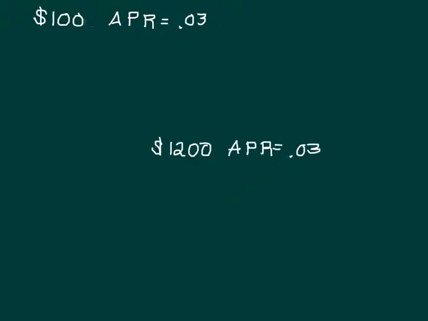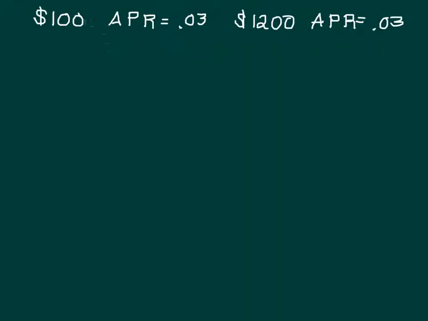Let's move this up. Now the difference is that Yolanda puts in the $100 monthly, every month, and Zach puts in $1,200 every year.